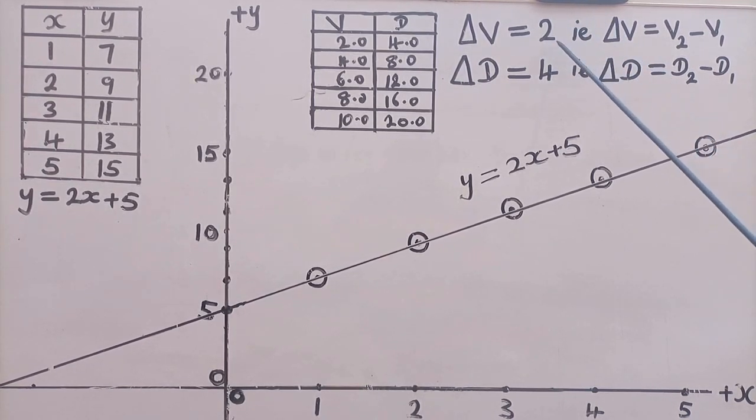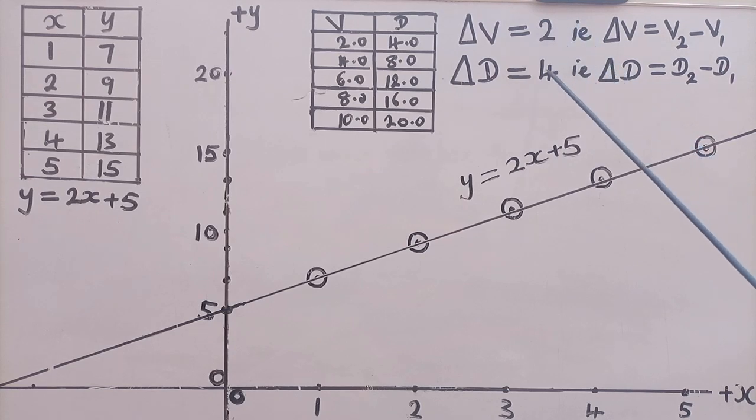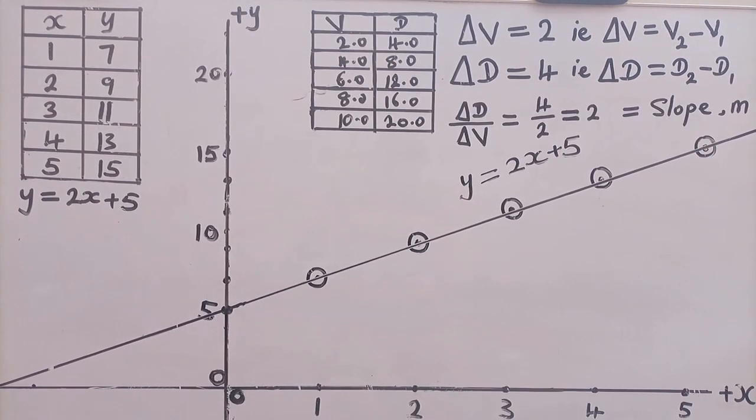Simply put, how many 2's in 4? Please, if we look for how many 2's in 4, what do we do? Let's see. To get how many 2's in 4, we say 4 divided by 2, and that will give us 2. That is change in distance over change in volume is equal to 2.